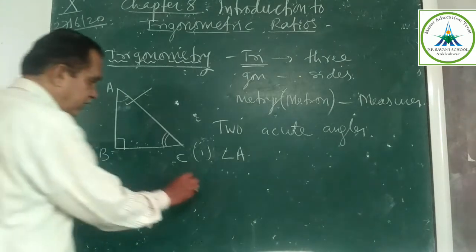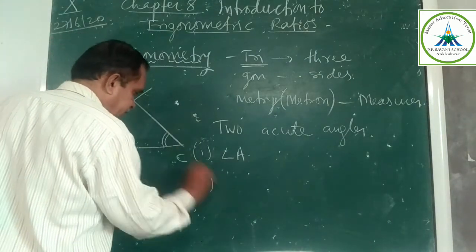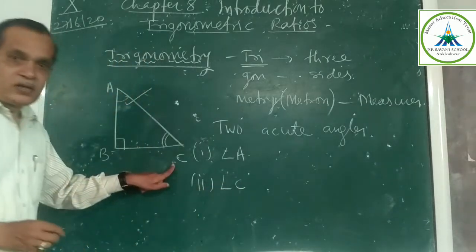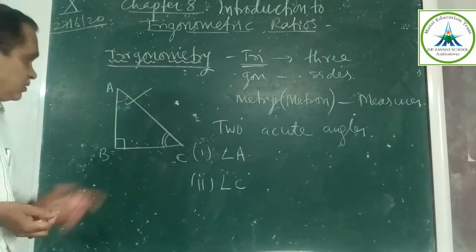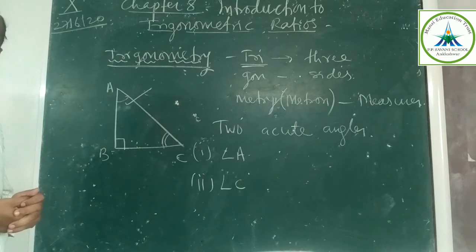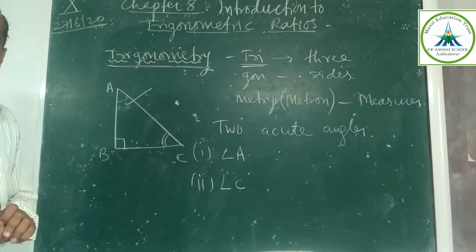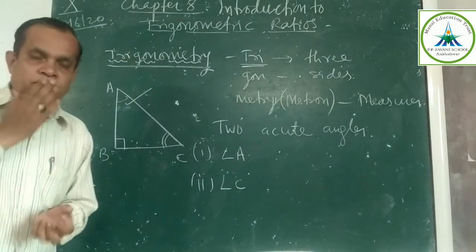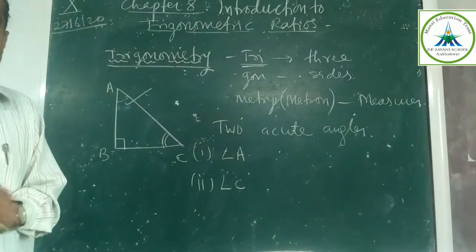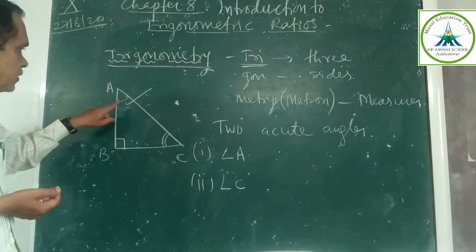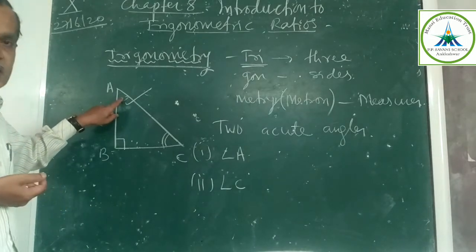Okay. Now if I take angle C, the second angle, the opposite side is AB and the adjacent side is BC.